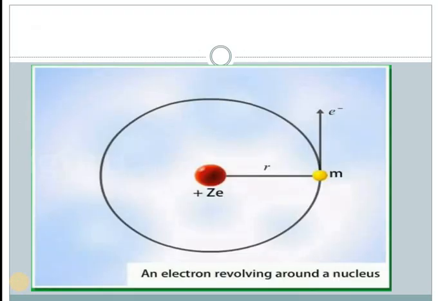Simply see the diagram: if this red portion is considered to be the nucleus, this plus indicates a proton, Z is the atomic number and e is the charge. And what is the charge on the proton? It is the positive charge. So we can say that it is Ze plus, or simply Ze.